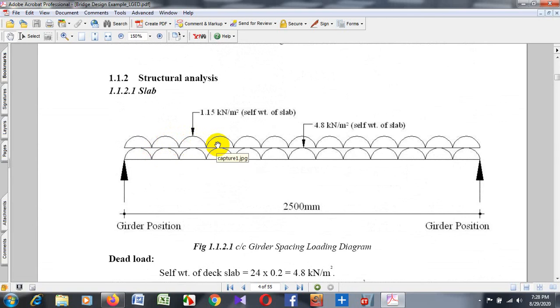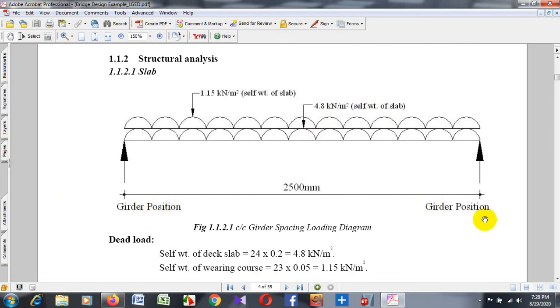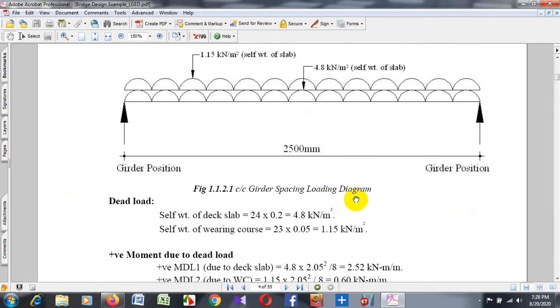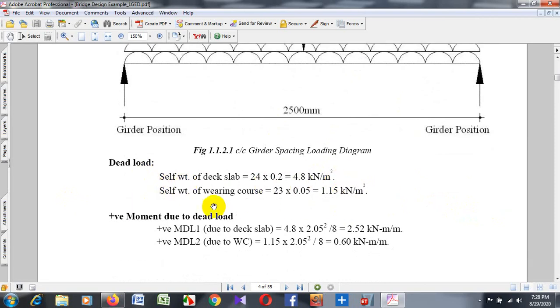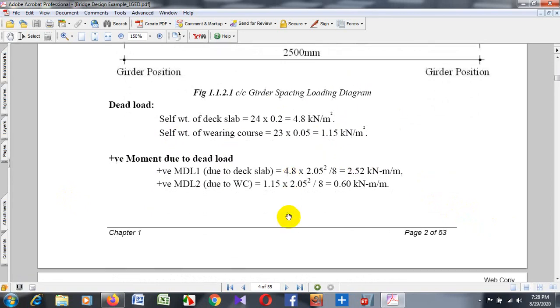These are the loads that come from self weight of slab and girder position, girder spacing, loading diagram, and dead load. Self weight of deck slab is calculated first, and self weight of wearing course.